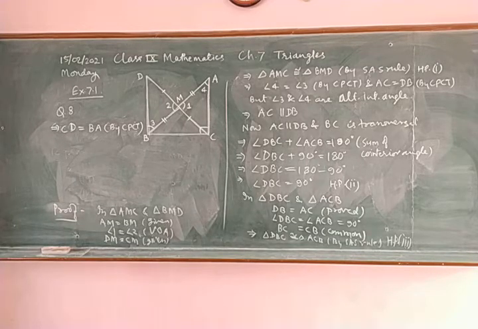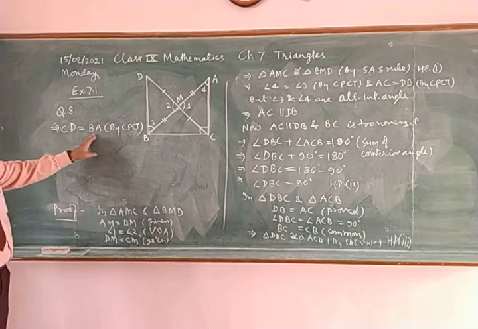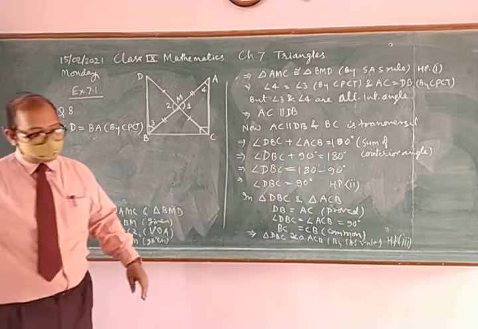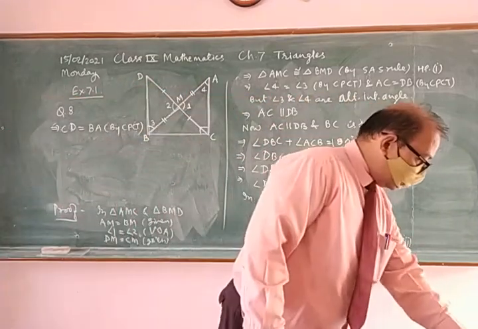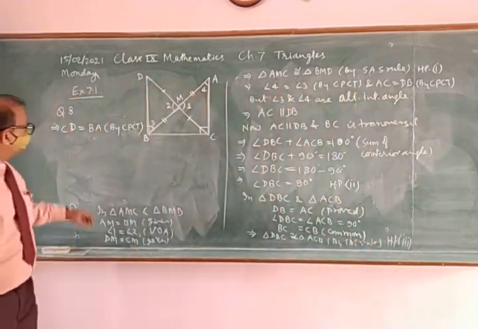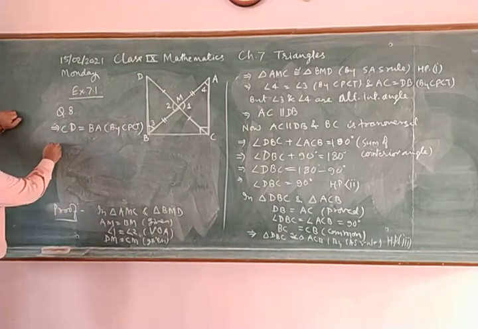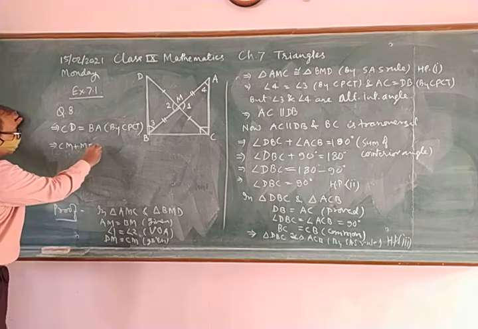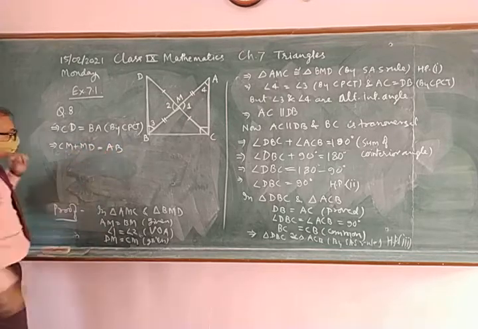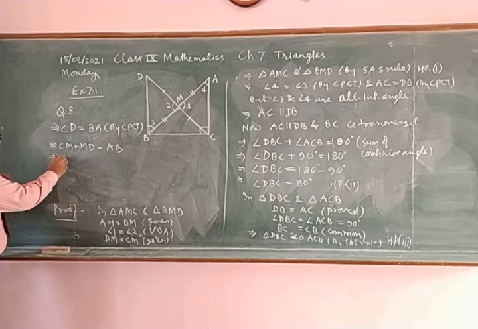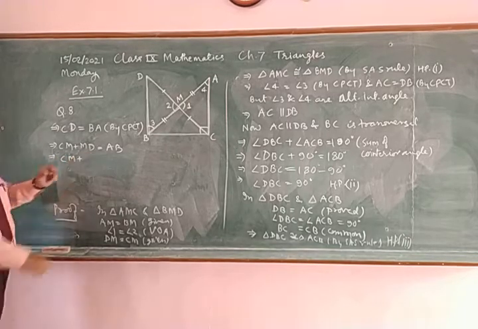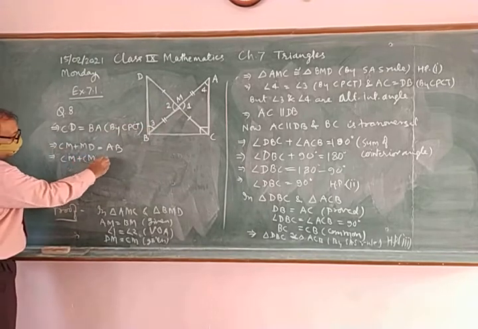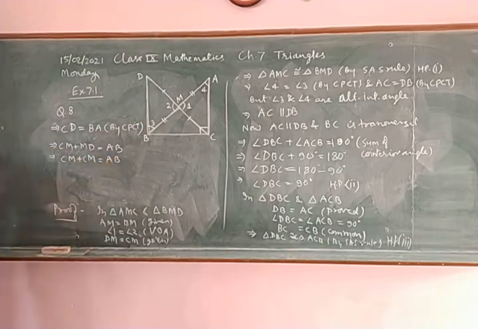Now CD and AB are equal. What we have to prove is CM is equal to half of AB. CD means CM plus MD is equal to AB. CM plus MD means both are equal, so CM plus CM is equal to AB.